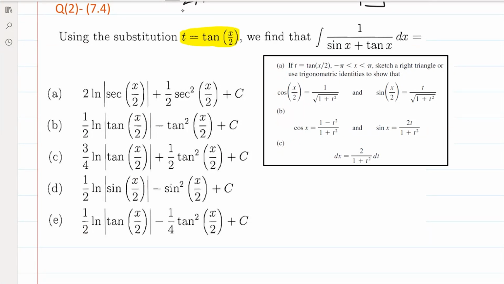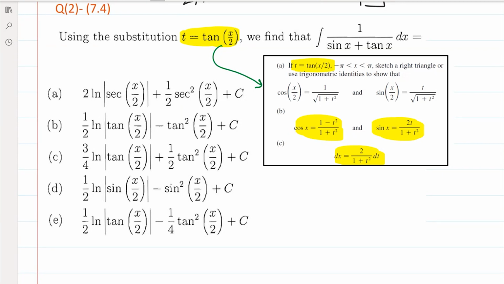Once he gives you this hint in the question, you will use these rules. You need to memorize that. Sine equals this, cosine equals this, and for sure tan will be sine over cosine, and dx will be 2 over 1 plus t squared. We use it when we need the substitution t equal tan x over 2.